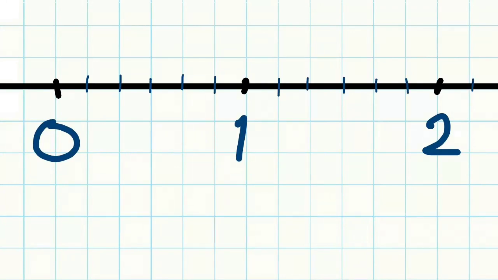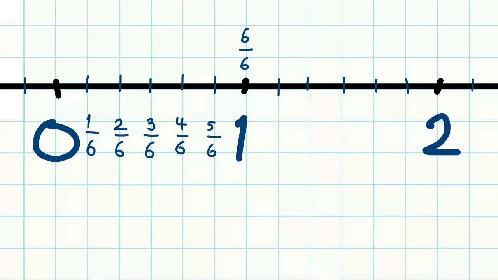And you can see there we've divided between 0 and 1 the line into 6 equal parts, and that means we're going up in sixths. So the first fraction after 0 would be 1/6, and then it goes up. When we get to 1, that's the same number as 6/6.